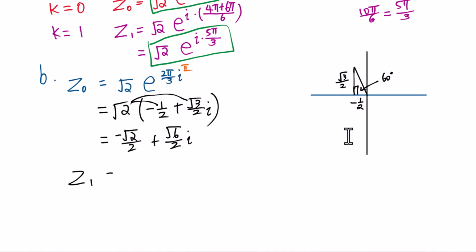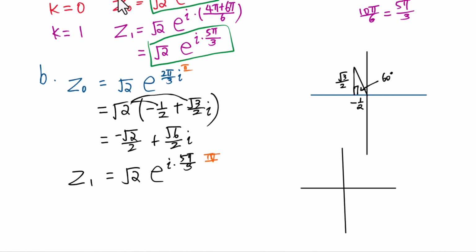For z1 equals square root of 2 e to the power of i times 5 pi over 3. 5 pi over 3 is in the fourth quadrant. Reference angle is pi over 3, away from the x-axis.